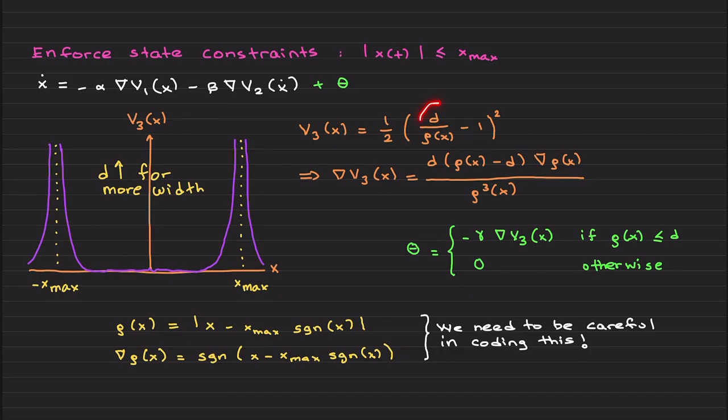Anyway, about the selection of D, if you select D larger, this function gets bigger and smoother. If you choose D lower, you have a narrower function that looks more like this, okay? All right, so since we have signum, we need to be careful in coding this.